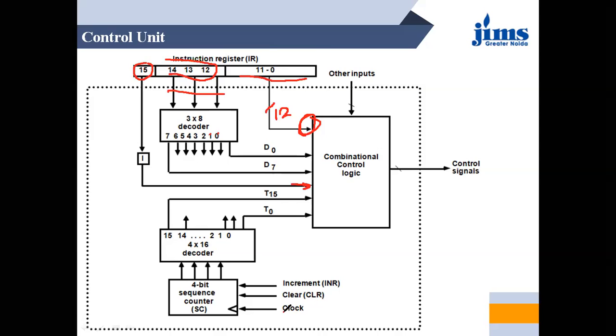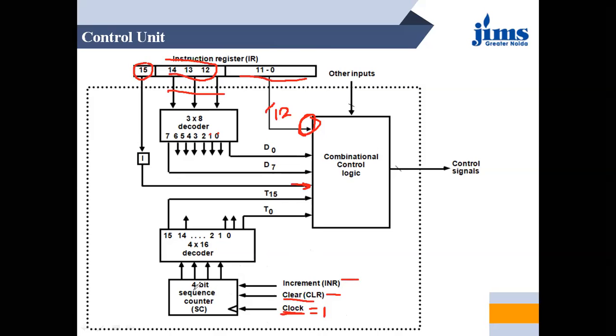As this line, this control tells that when the clock is 1, or when we are applying the clock, then the operation should be performed. So this is for the clear operation when we have to clear the data, and this is for the increment operation. So these are the different operations.